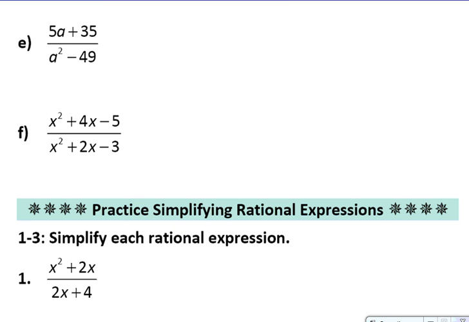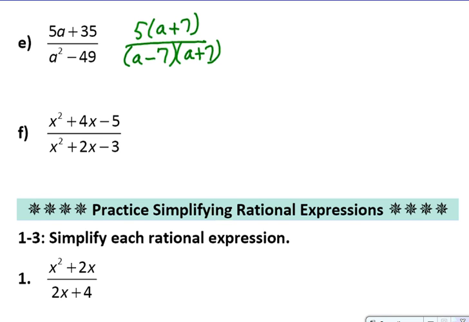All right, a couple more examples. For E, I have 5 times A plus 7, divided by a difference of squares, A minus 7 and A plus 7.